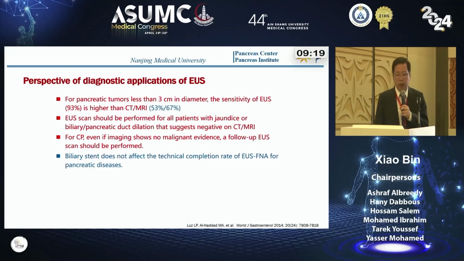For pancreatic tumors less than 3 centimeters in diameter, that means small tumors, the sensitivity of EUS is higher than traditional imaging. An EUS scan should be performed for all patients with jaundice or biliary or pancreatic duct dilation when traditional imaging is negative. For chronic pancreatitis, even if imaging shows no malignant evidence, a follow-up EUS scan should be performed.